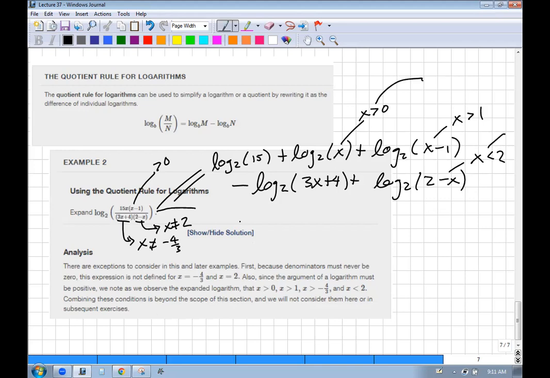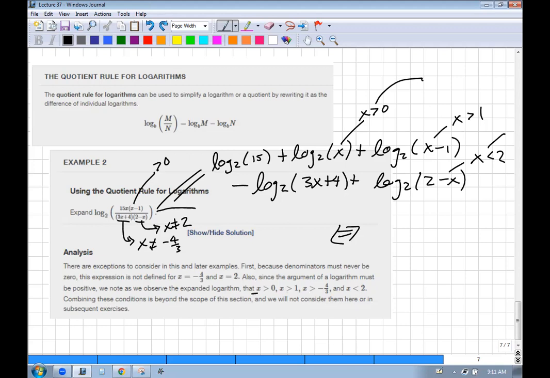In the next section, when we start solving equations, we're going to see that this might be defined for more values of x than this. So we're not going to be able to say logical equivalence, because when we go from here to here, we might be adding solutions in or losing solutions. So we'll have to be careful with that. We'll see that in the next section.